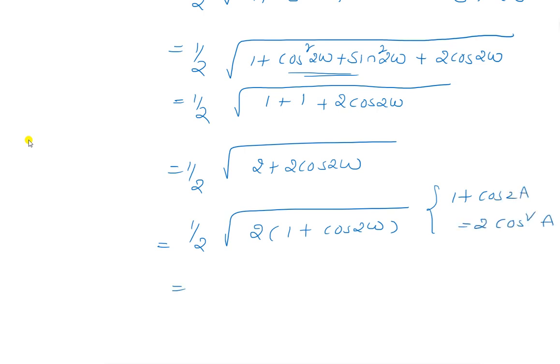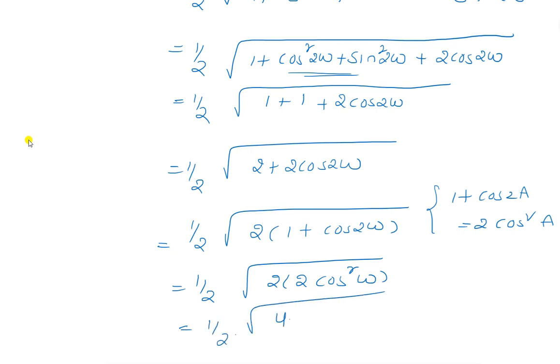So by using that formula, 1 by 2 is equal to 2 into 2 cos square omega. And this is equal to 1 by 2 into square root of 4 into cos square omega, and this is equal to 1 by 2 into 2 cos omega, and this 2 gets cancelled, and finally we get cos omega.